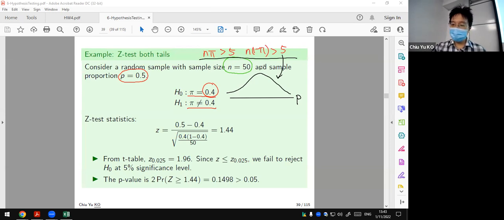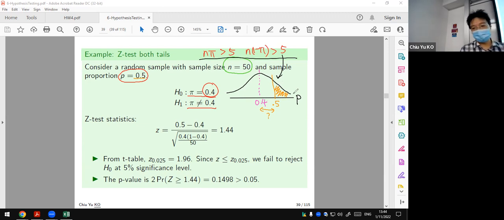And here we have, by the null hypothesis, 0.4, okay? What we figure out is the data tell us this is actually 0.5, so it's here. Okay. So what we want to see is, is this difference large enough? Okay. And how do we do that? See whether this guy is big or small, right? You compare it with alpha, right? Because alpha is the tolerance level of sampling error, okay?